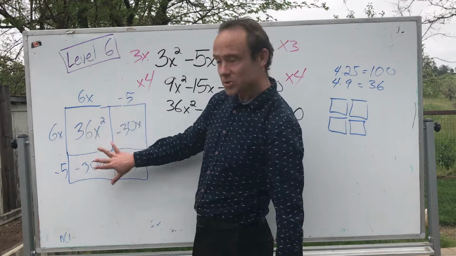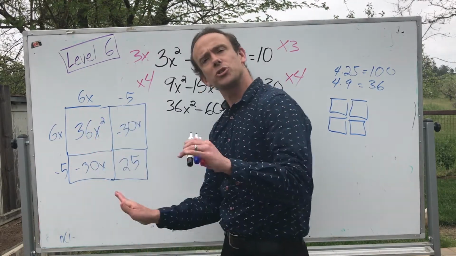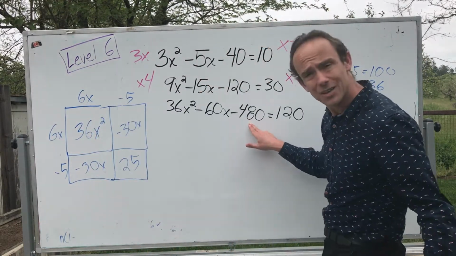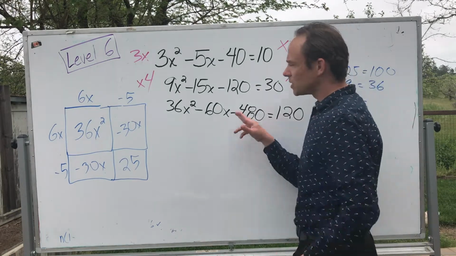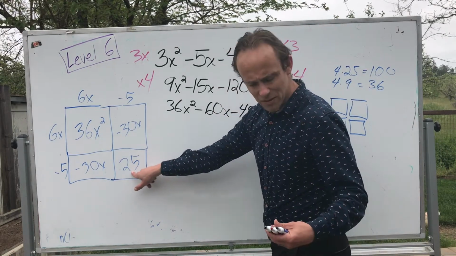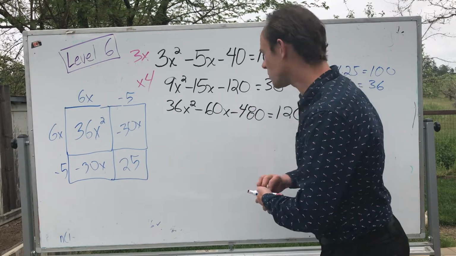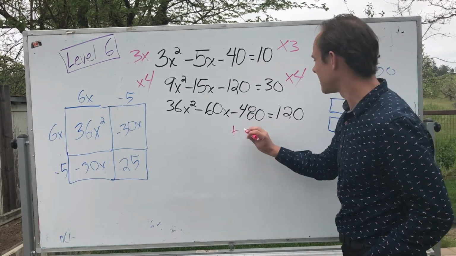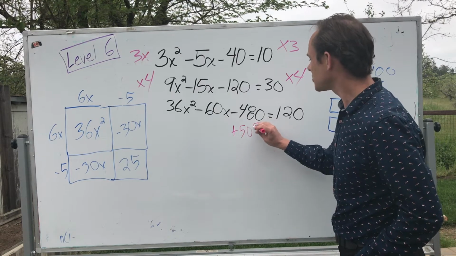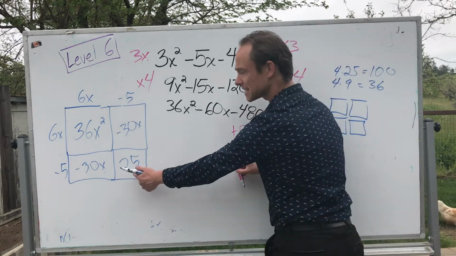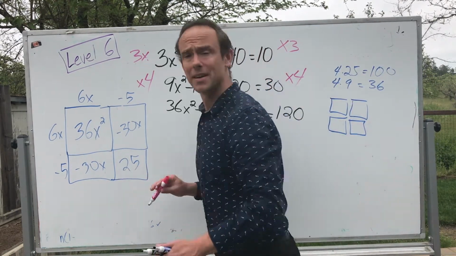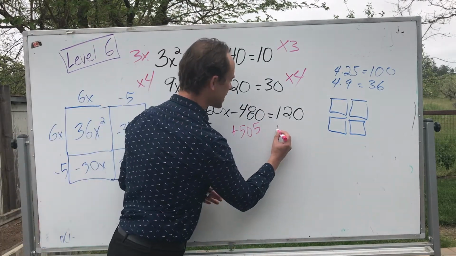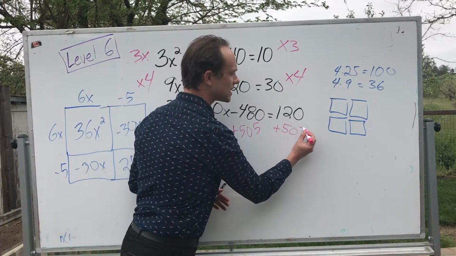We want to use this square, so we'll just make it work. We have minus 480. Well, we want it to be plus 25. So what we're going to have to do is add 505 because that's going to get us to 25. Now, whatever we do to one side, we got to do to the other side. You know that.